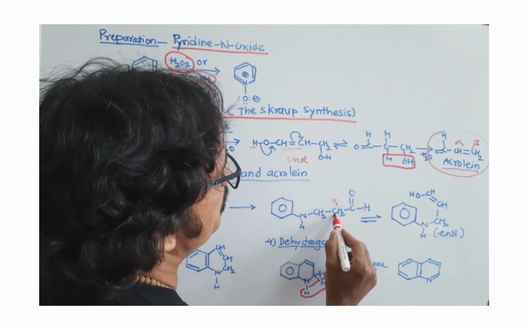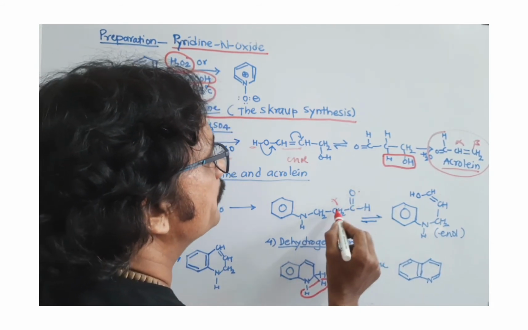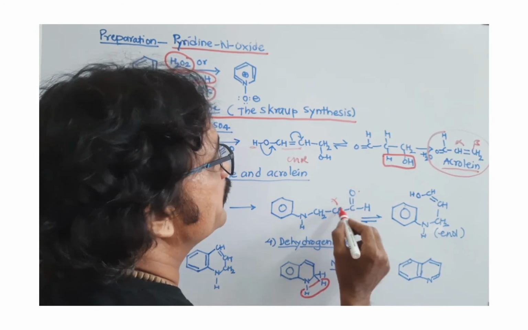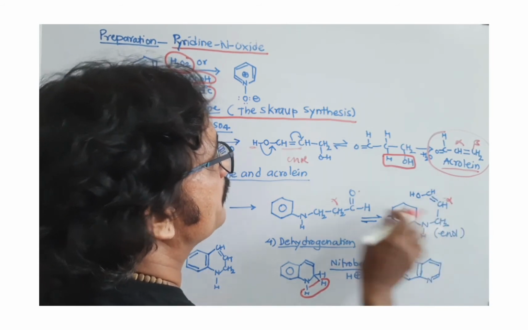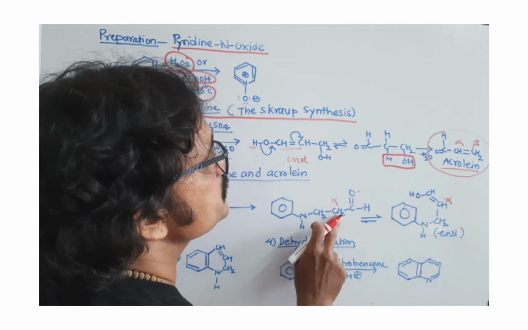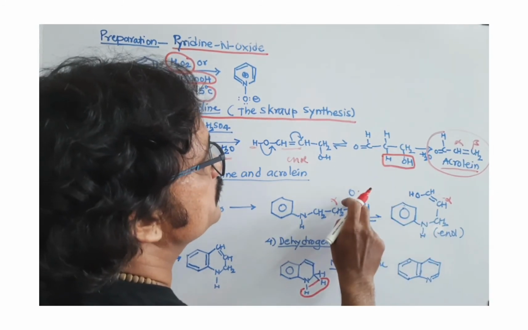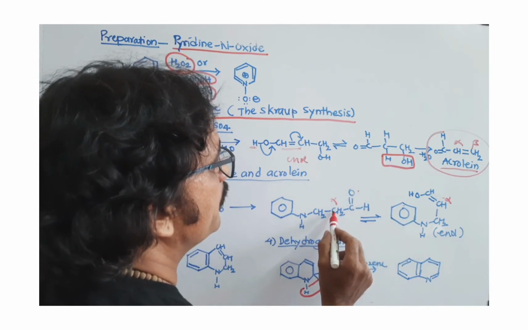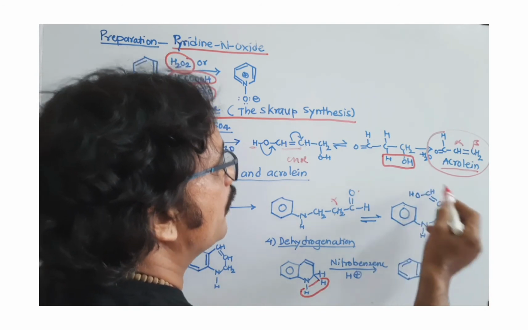So one H from the alpha carbon is going to attach to oxygen, putting a double bond between the alpha carbon and the carbonyl carbon. So you just remove one hydrogen, join that hydrogen to the oxygen. This will become a single bond, and we put a double bond between the alpha carbon and the carbonyl carbon. So we get here the enol form.